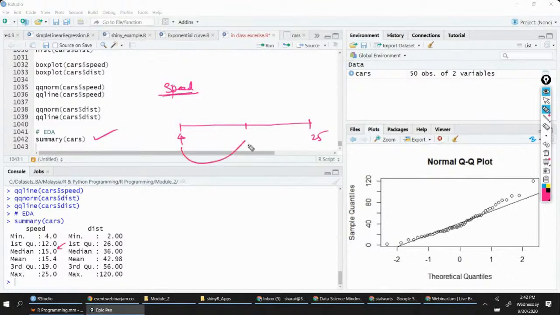What is the difference between these? 15 minus 4 is 11, and 25 minus 15 is 10. So not much deviation. That's one thing that we can understand.